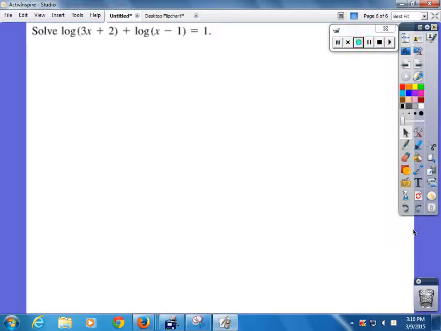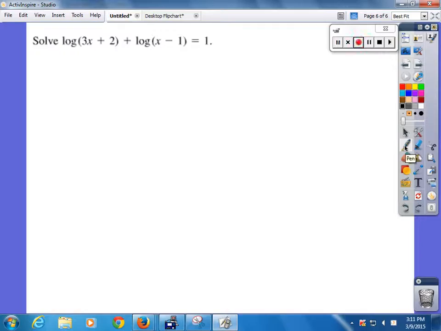It's one of those things I told you to memorize at the beginning of the logarithmic section. So if you use the product rule, you're going to get log base 10 of what? All that mess done what? What's that mean?